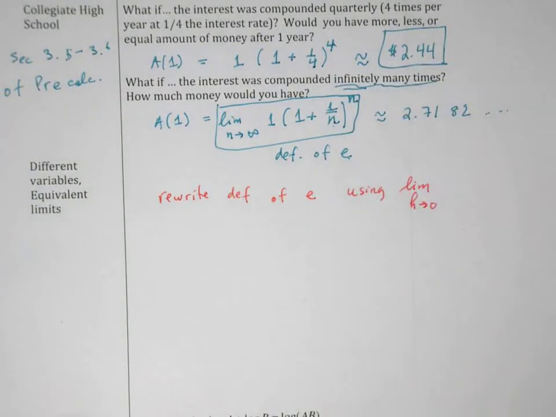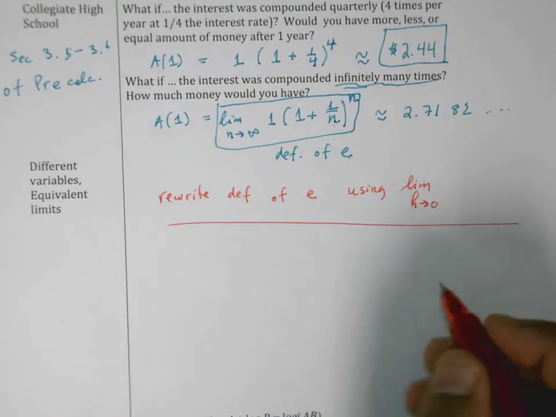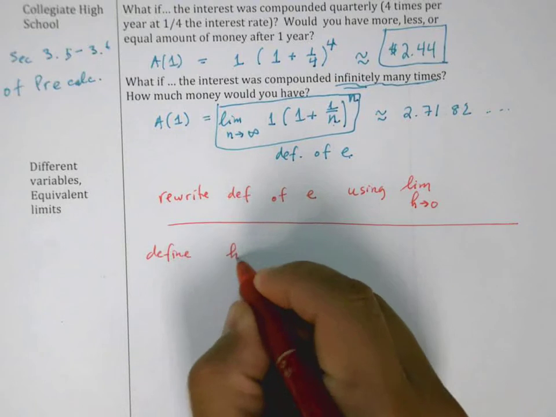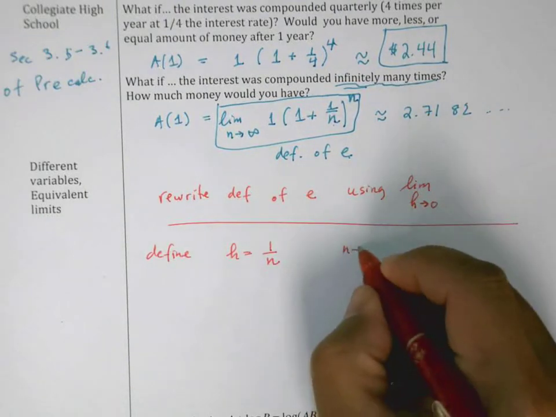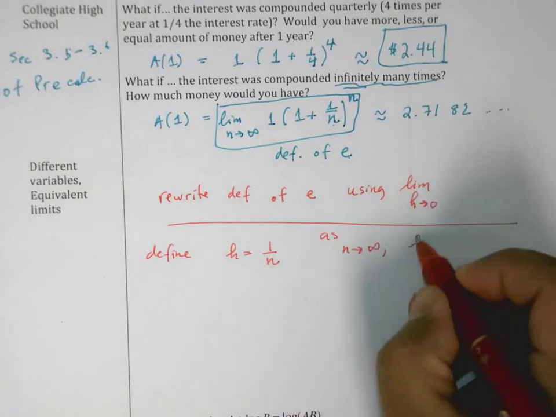To do this, we're going to define h as being equal to 1 over n. So as n approaches infinity, we can see that h will approach 0.